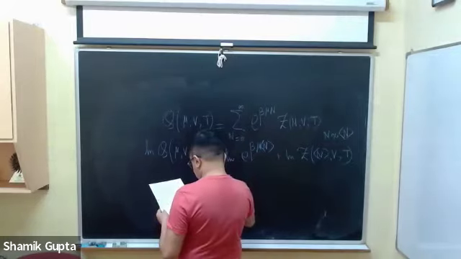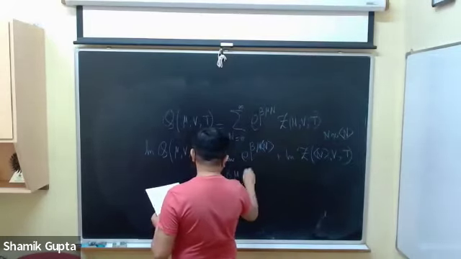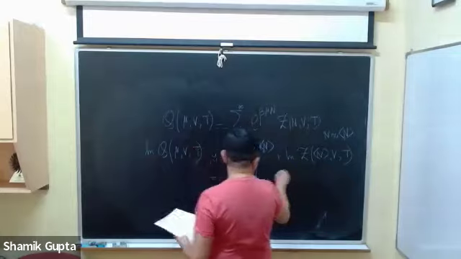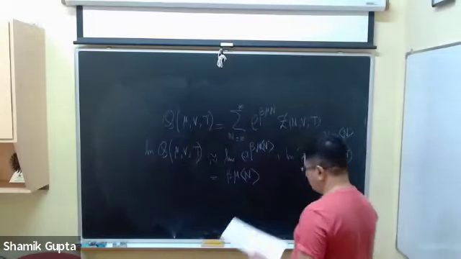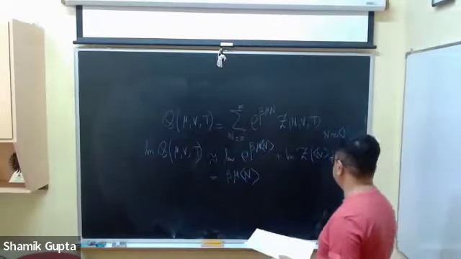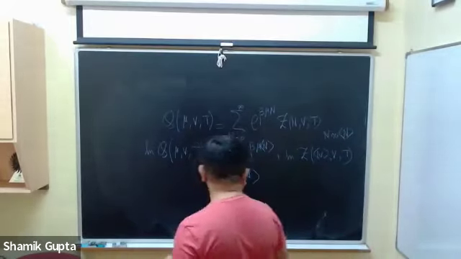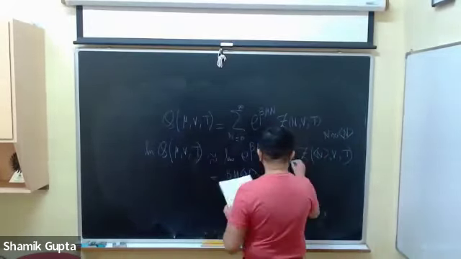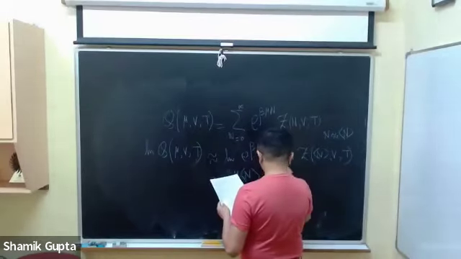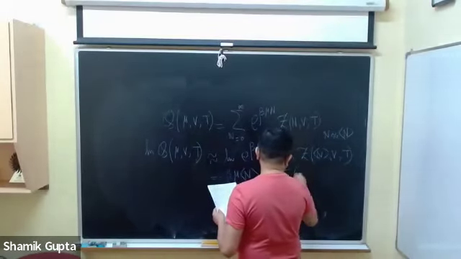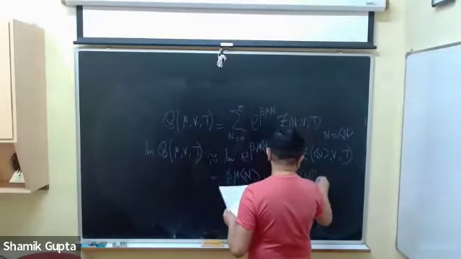This one is nothing but beta mu N average. And the other I can write in terms of the Helmholtz free energy, because the Helmholtz free energy F is equal to minus kBT log Z. So this is nothing but minus beta F of N average, V, T.